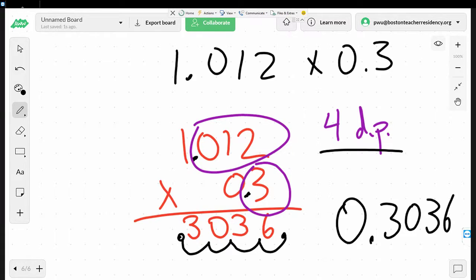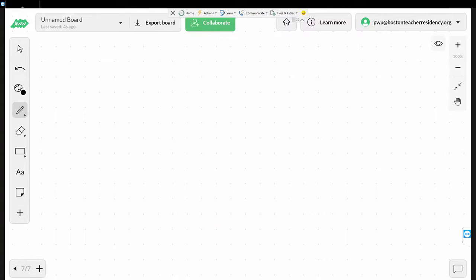Let's say I had an extra decimal place, though. What would have happened if I had an extra 0 at the end here, and a 0 at the end here? Well, actually, let's do a completely new problem. 0.001 times 0.2.